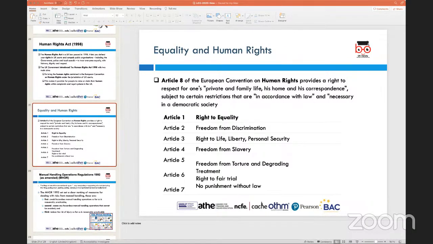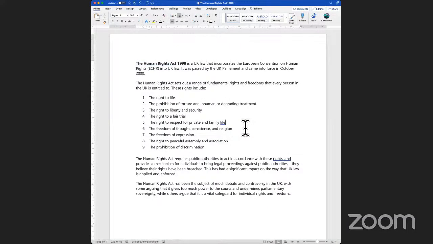You should have an idea of what these acts are and what they essentially stand for. For this particular act, I have a handout which I'm going to make available on Moodle, called the Human Rights Act of 1998. A brief summary of what this act does is available when you read this handout, which is a Word document on Moodle.